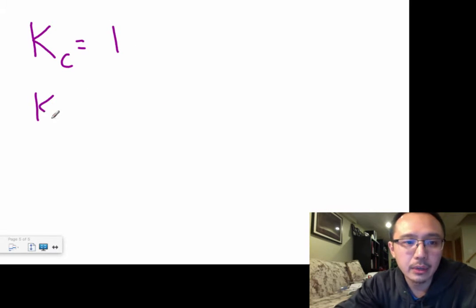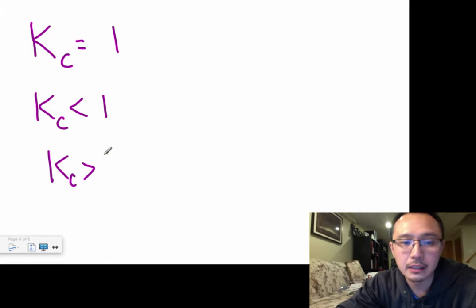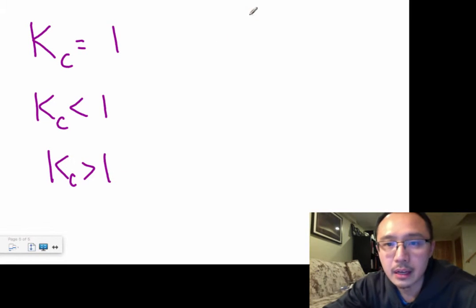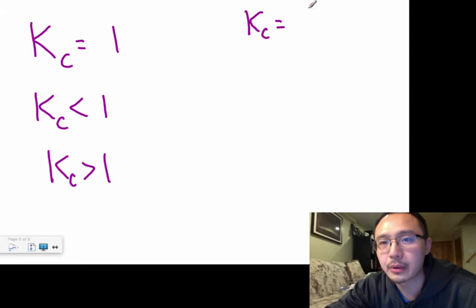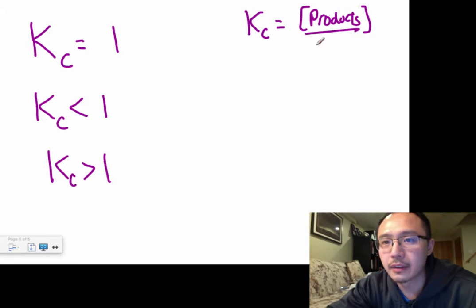Now, to understand the next part: what if you were to have a Kc of 1? What does this mean? What if you have a Kc less than 1, or a Kc greater than 1? Just to remind you, the equilibrium constant is your products divided by the concentration of your reactants.